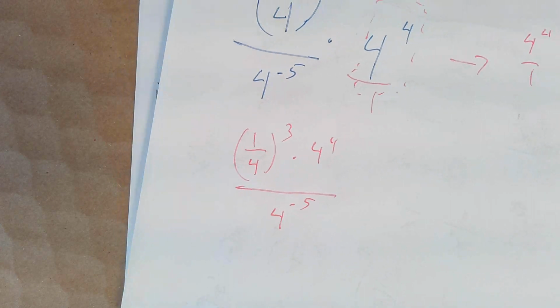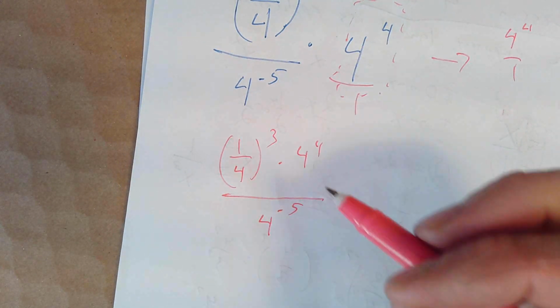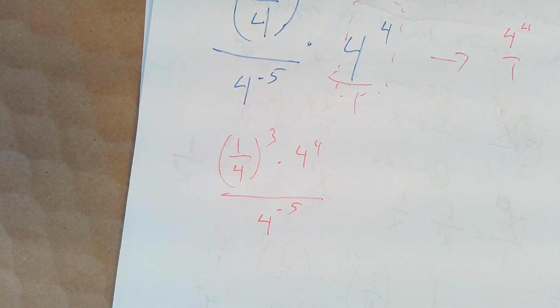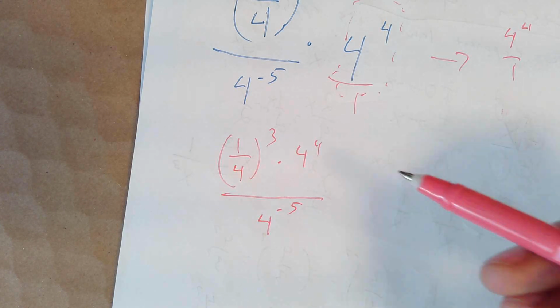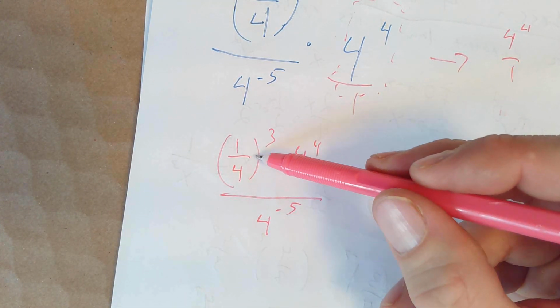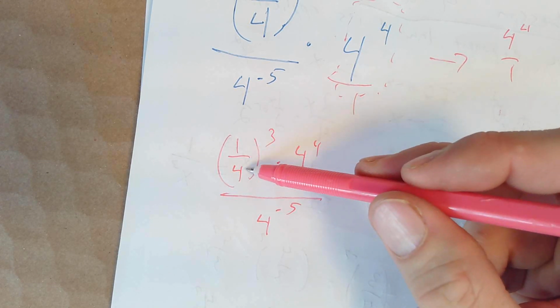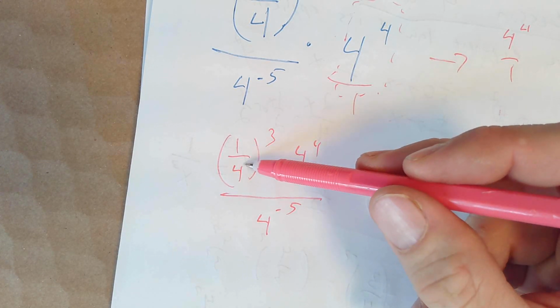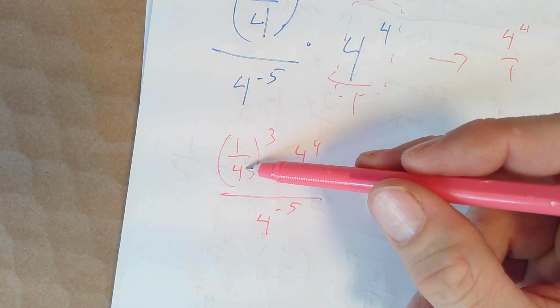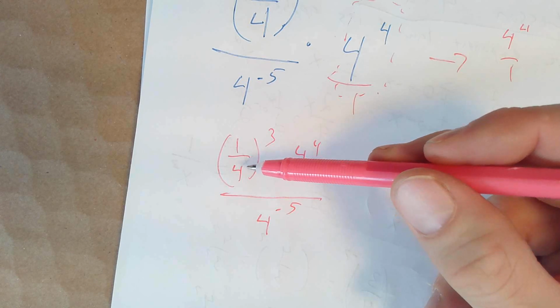Alright, so now I have this (1/4)^3, and I got this 4 to the 4th. These all have 4's in them, but this is 1/4. If I inverted this somehow, they would all have the same base, and I would be able to do stuff with them. So how could I invert this fraction?